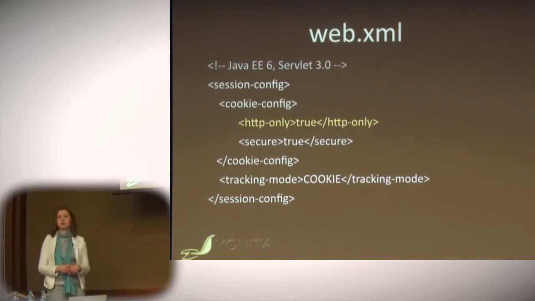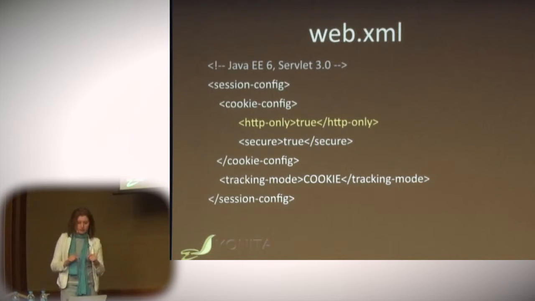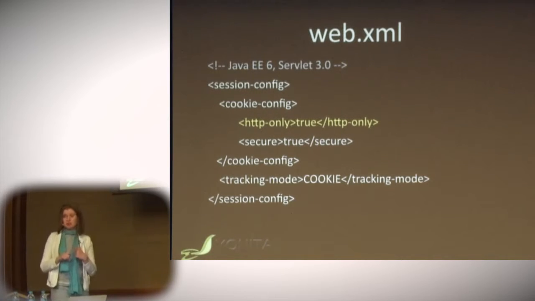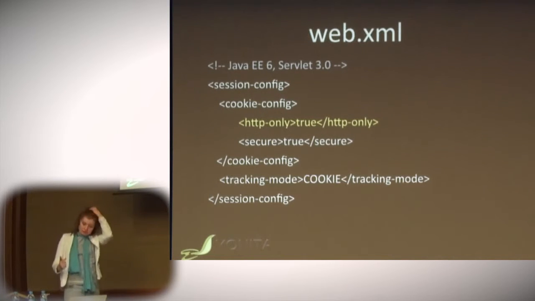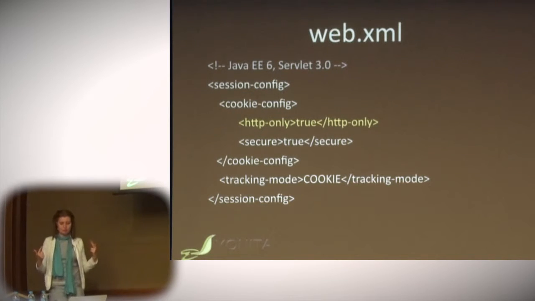And how can we counter this type of attack? We focus here only on the session side. To protect ourselves against cross-site scripting in a more general way, we need to validate input and to escape output.